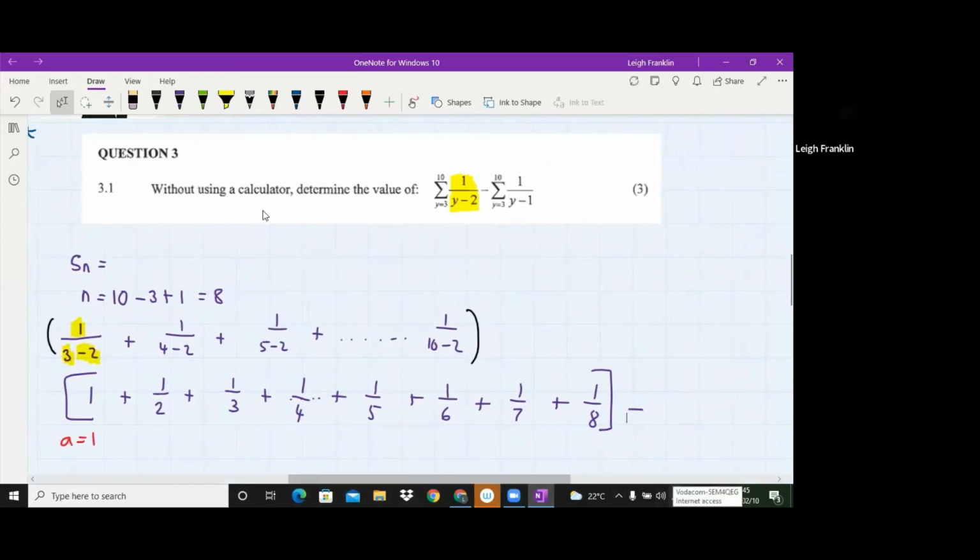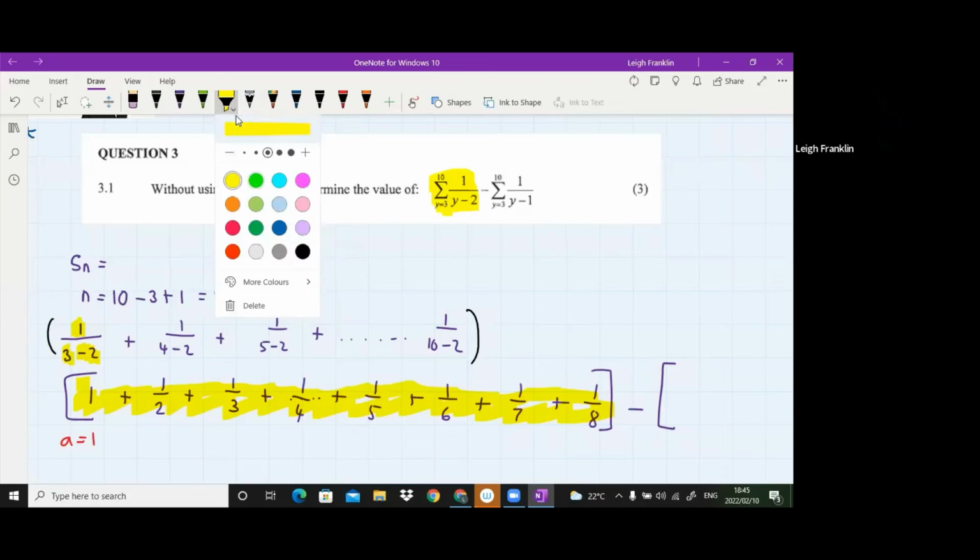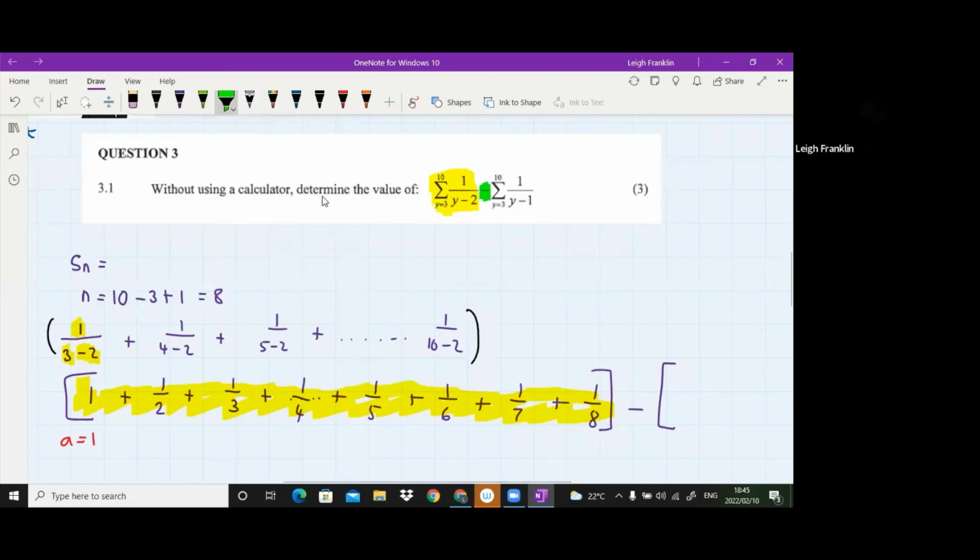Does everybody understand that what we've got on the screen here, highlighted in yellow, are the 8 terms from the sum of 1 over y minus 2 from y equals 3 to y equals 10? Then my minus is this minus over here in the middle.